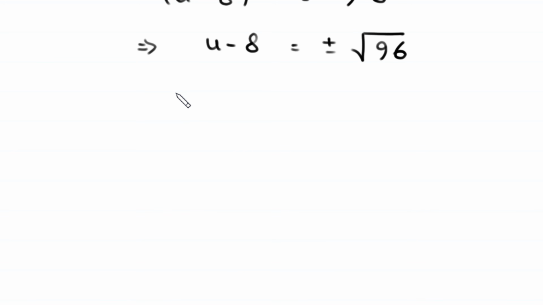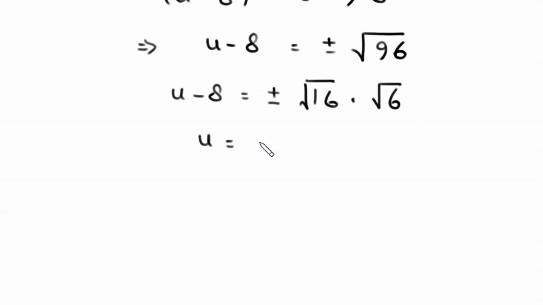Further simplify, this will become u minus 8 equal to plus minus root 96, which is the same as root 16 times root 6. So this will become u is equal to 8 plus minus root 16, which is 4 times root 6.